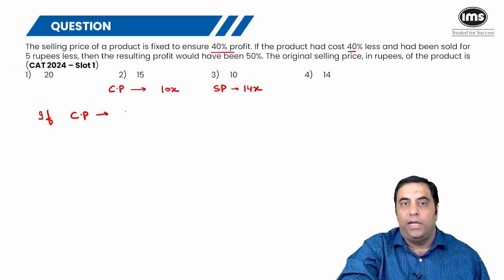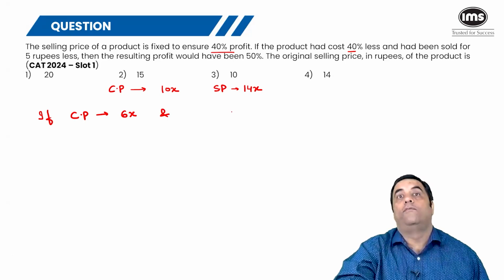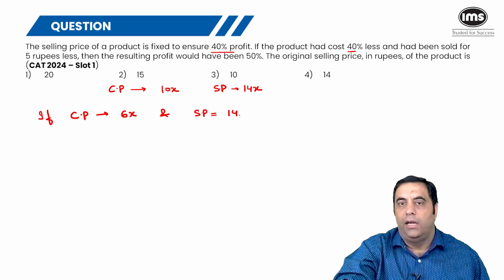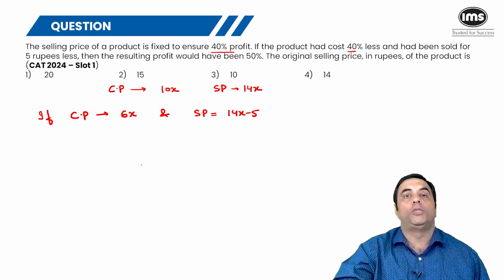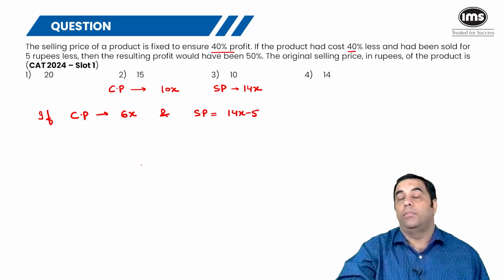So the CP is 6x, and had been sold for 5 rupees less, so the selling price is 5 rupees less than the earlier one. So I know the new cost price, I know the new selling price, and now the question says the resulting profit would have been 50%.